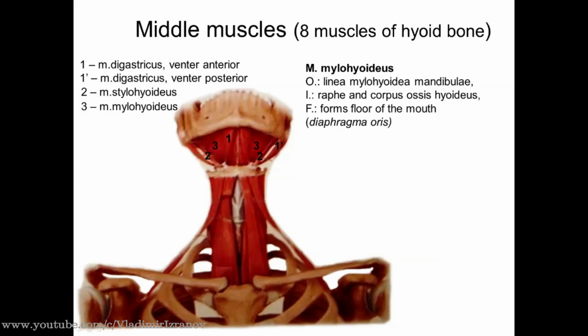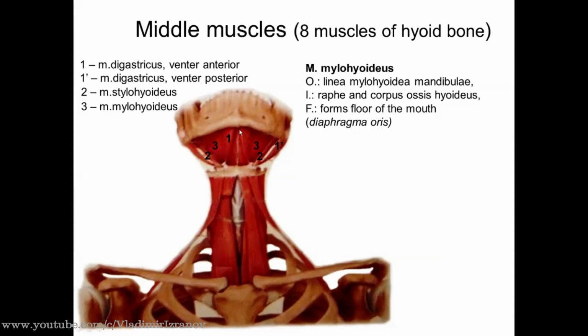And insertio: raphe and corpus ossis hyoidei. The corpus ossis hyoidei is quite clear. Here it is. What is raphe? That means this muscle is paired, here on the right side and here on the left side.